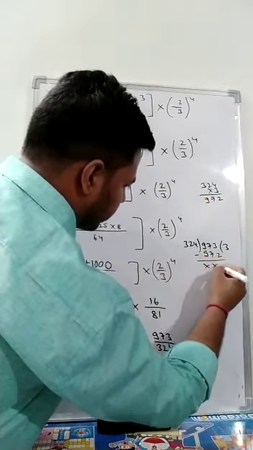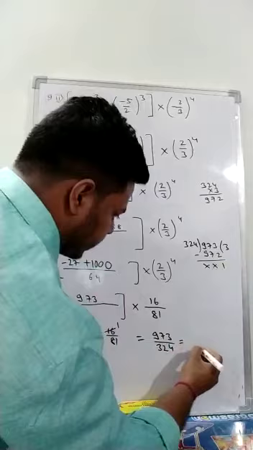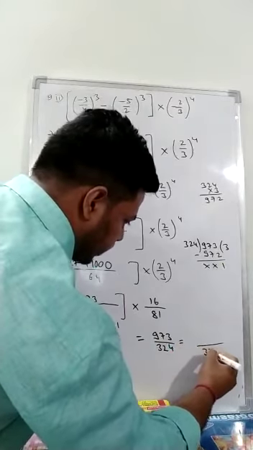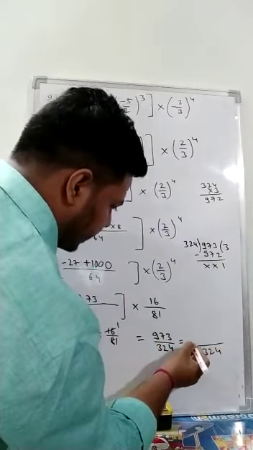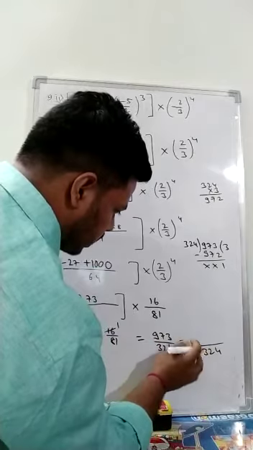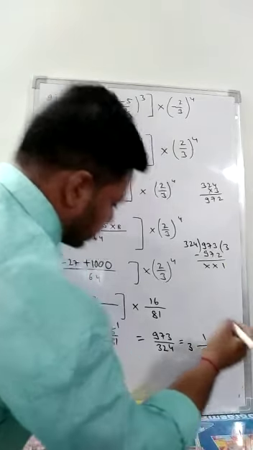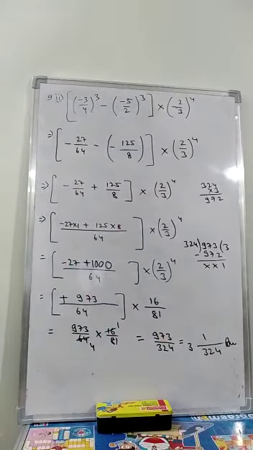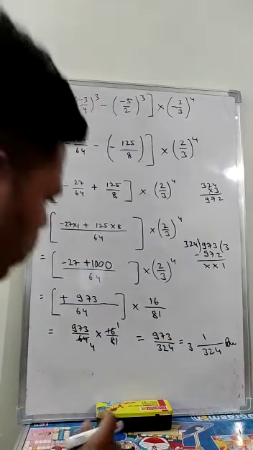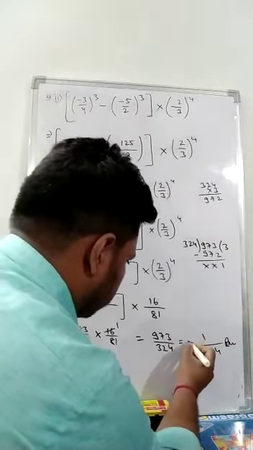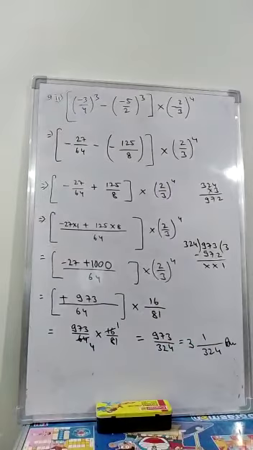So the remainder here will be 1. So this can be written as 324 over here, 3 and over here 1. This will be the answer. So this can be written as 3 whole 1 by 324. Okay.